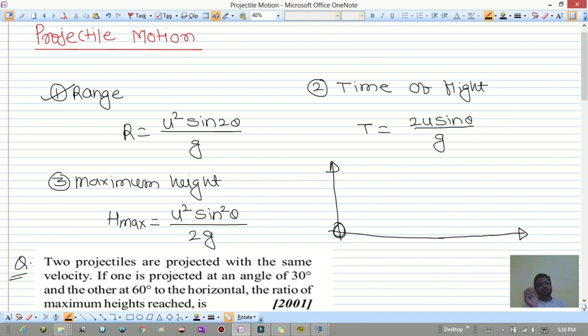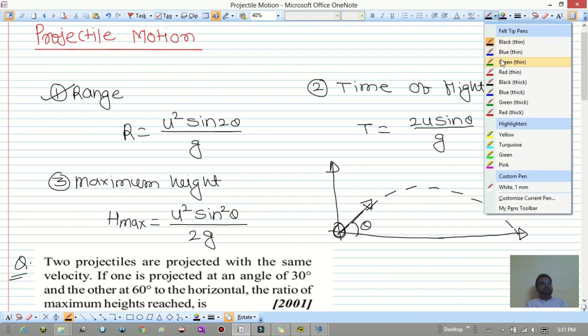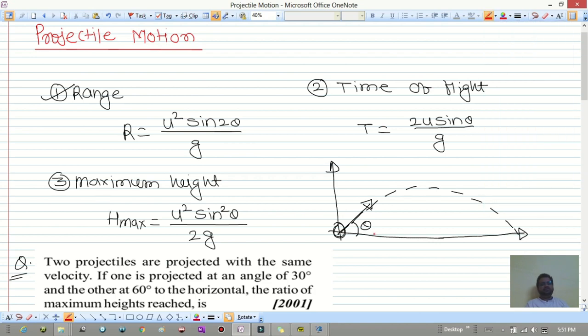If I throw the ball at some angle theta, then this ball's trajectory will be somewhat like this. Then we have the u cos theta component along the horizontal, and the u sin theta component along the vertical.